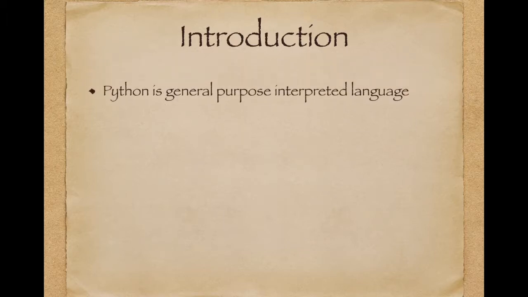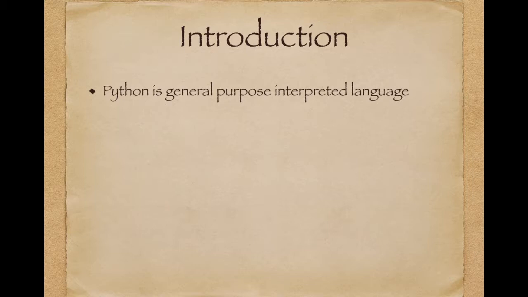First one, Python is a general purpose interpreted language. So what do you mean by general purpose interpreted language? General purpose, as I told you previously, at different periods of time, different programming languages have been developed. Some programming languages are developed for a specific purpose and are well suited for that purpose alone.